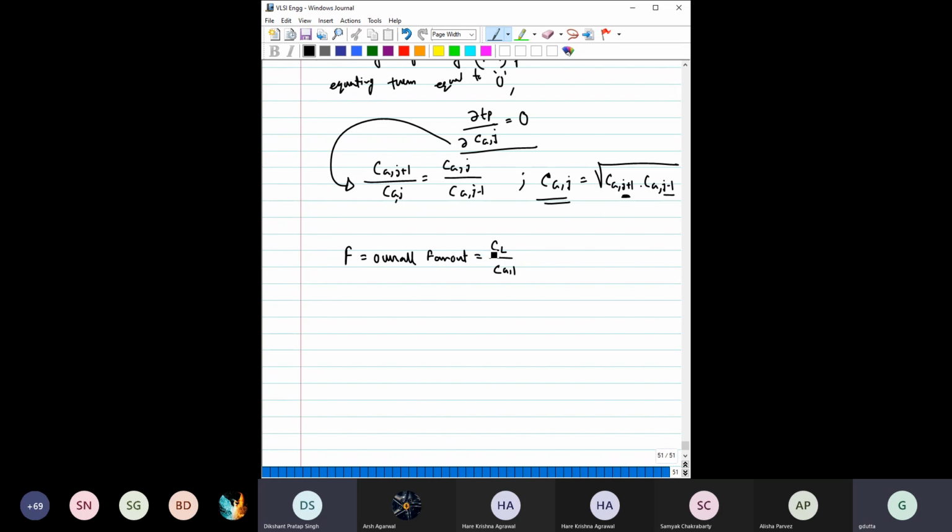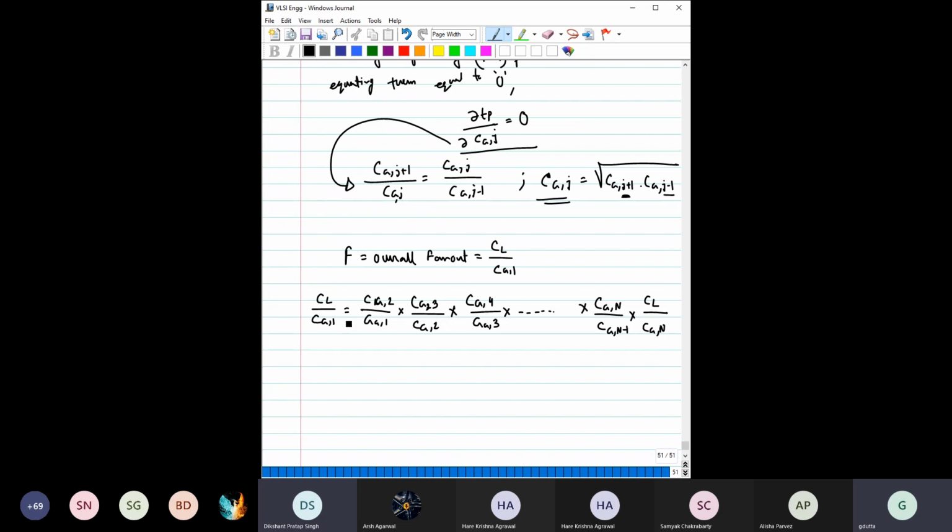See this CL by CG1, I can write it like this: CG2 by CG1, CG3 by CG2, CG4 by CG3, and so on, up to CGN by CGN minus 1, then CL by CGN, right? So you can check it.